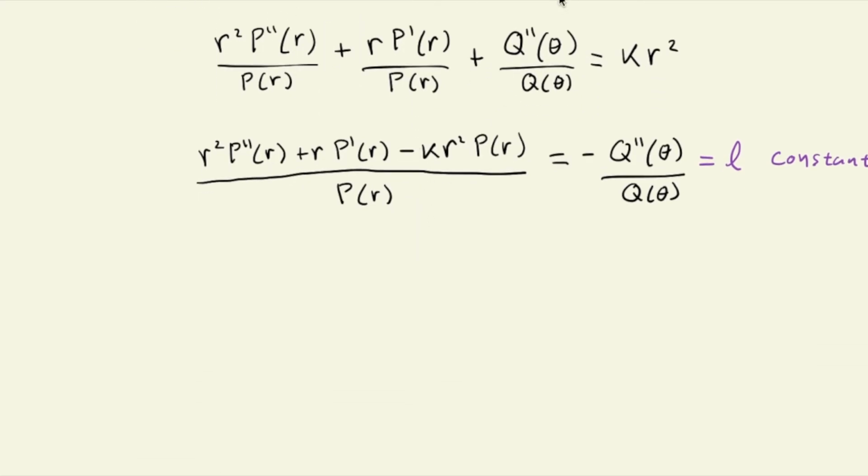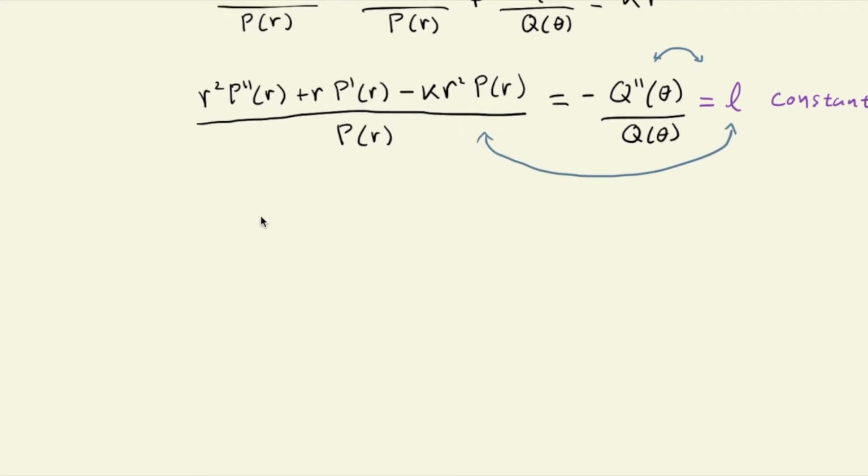Alright, and we can again match the two equations to get the equation that Q has to satisfy and the equation that P has to satisfy. So for Q, we get Q prime prime of theta is equal to minus L Q of theta.